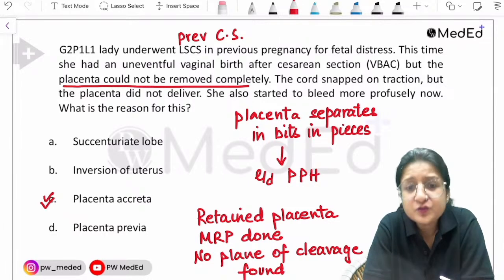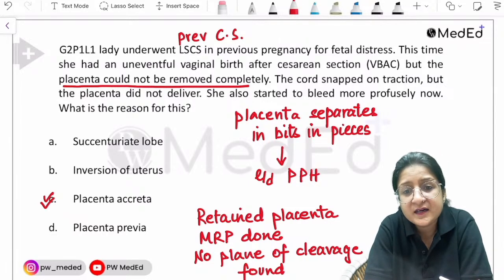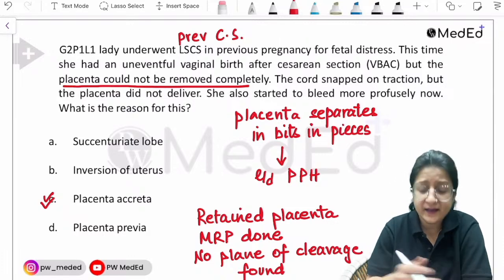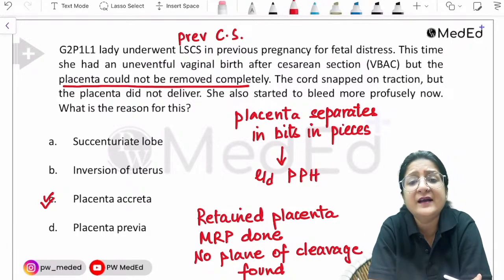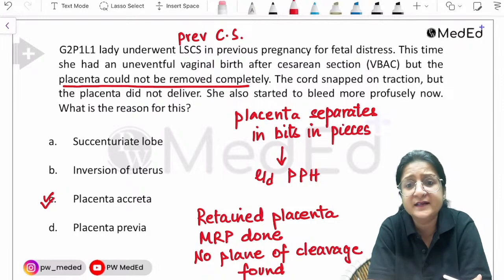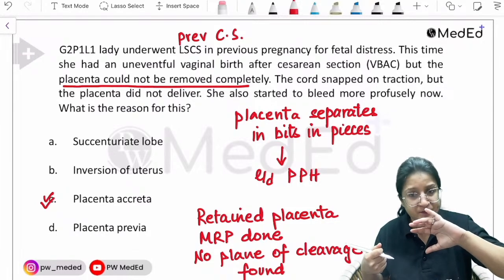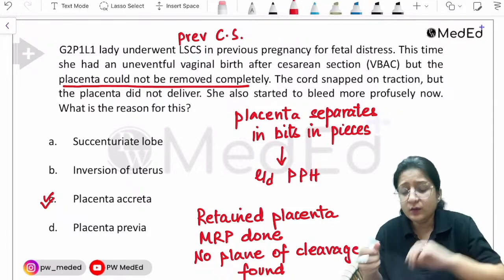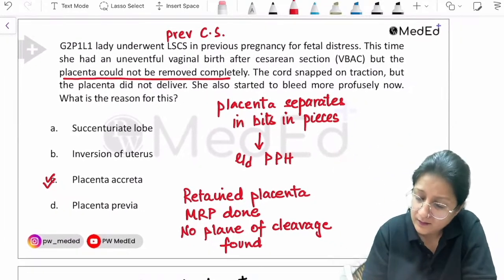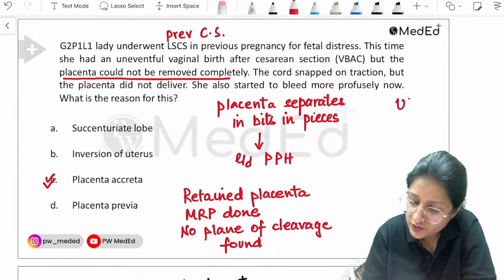The third situation where we encounter placenta accreta is, let's say that in this particular patient, while vaginal delivery was being conducted, we apply too much traction, then it could lead to uterine inversion also.